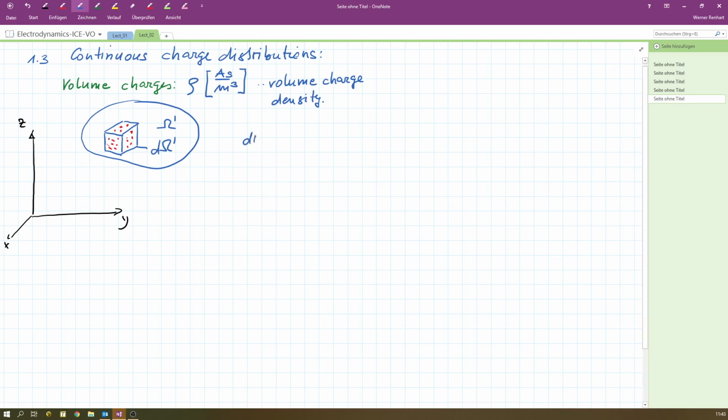And for any charge within this cube, we have delta Q as the sum of j running from 1 up to n of Qj, charges contained in this volume delta omega.